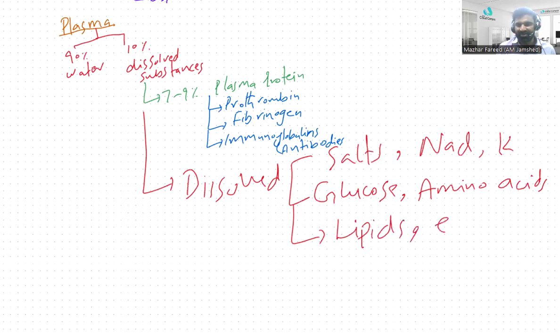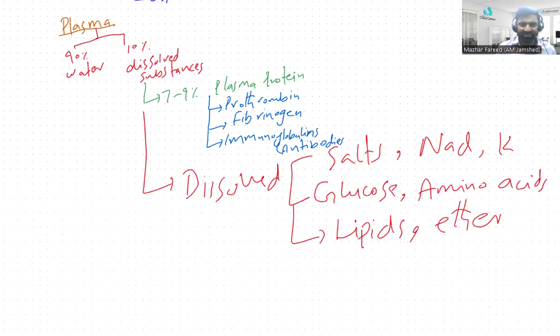Ether compounds are also present, like lipid diesters and esteryl chlorides. So cholesteryl esters and other substances are also present in this.